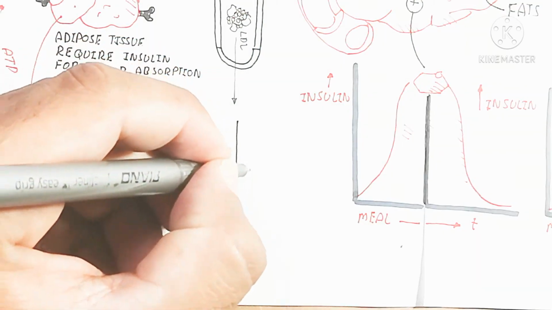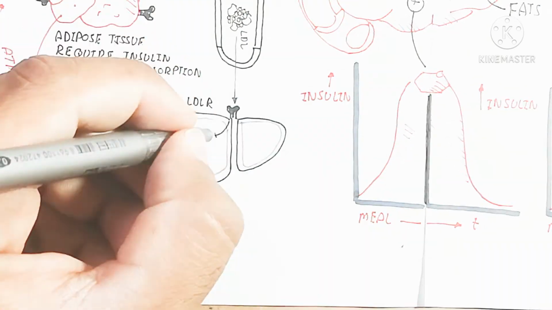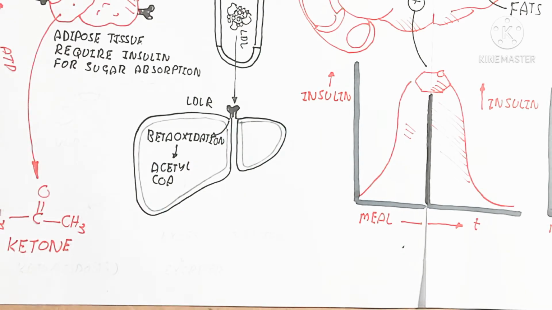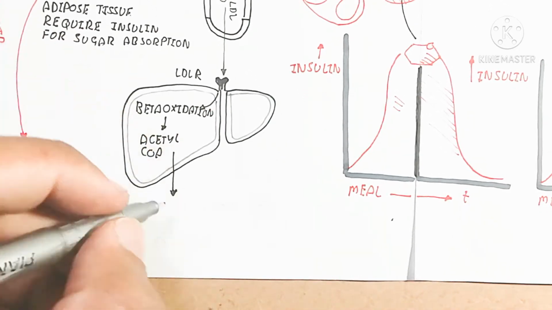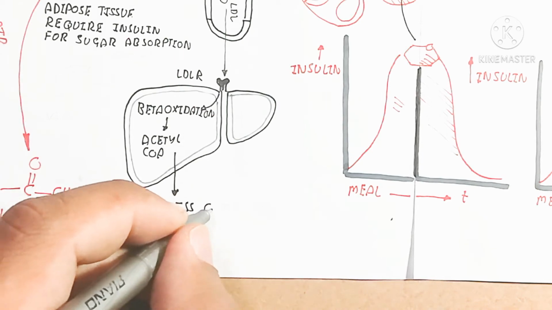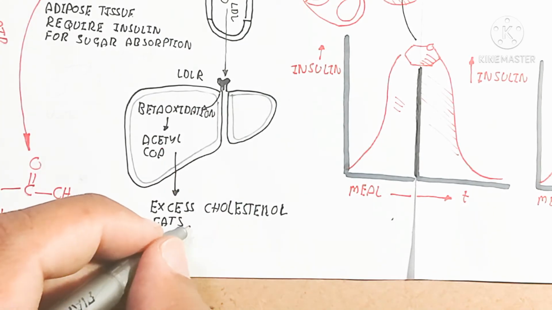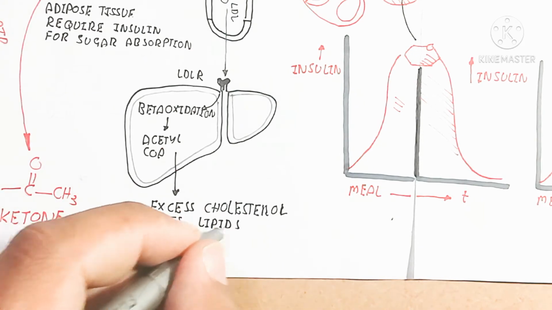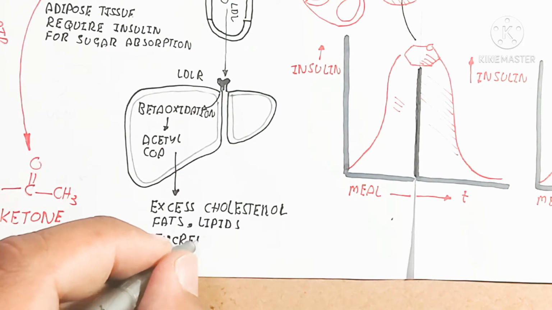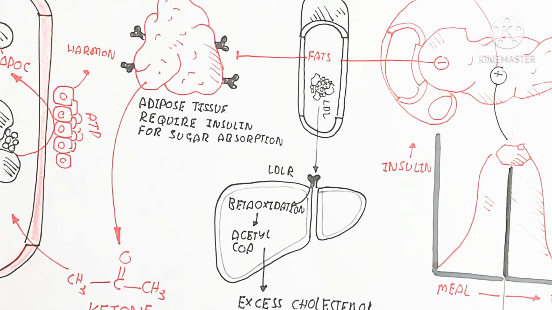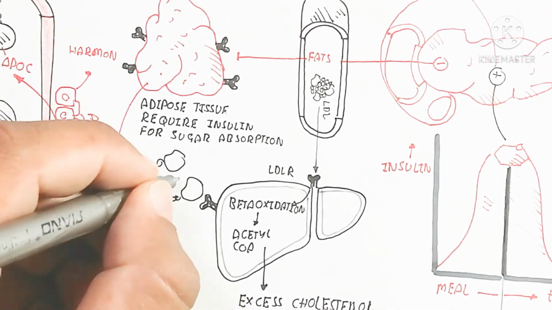So ketogenesis occurs here, and the low density lipoprotein goes into the low density lipoprotein receptor to produce beta oxidation, acetyl CoA, as well as production of cholesterol. On the other hand, by the use of endocytosis it becomes an endosome and converts to an endolysosome, and the excess cholesterol, fats and lipids are excreted.